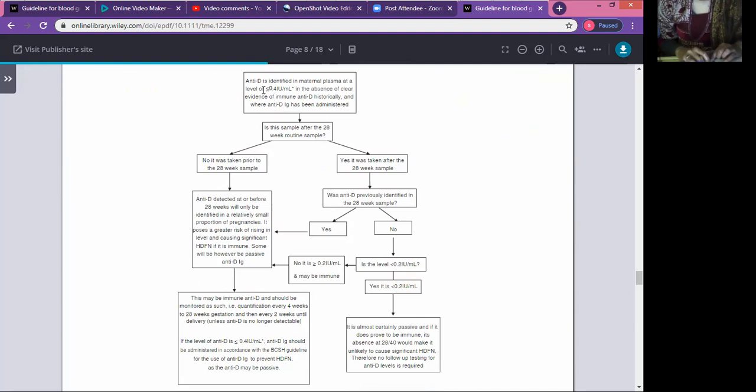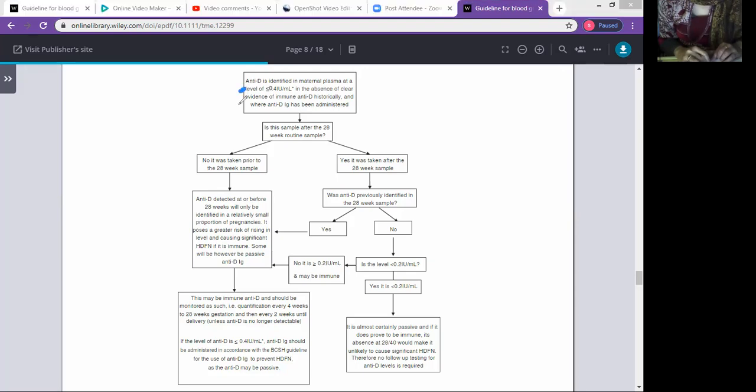And whether the level is in the range of 0.4 to 4 international units per ml, and at which time frame the antibody had been taken. So four things need to be taken into account: whether we have a history of anti-D administration, and the level at which it is detected.